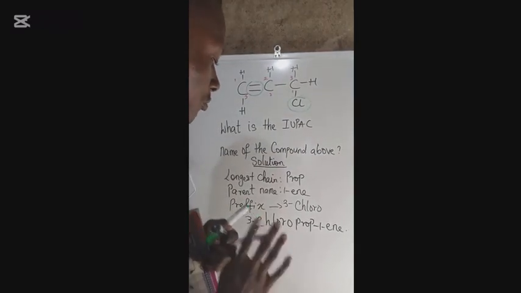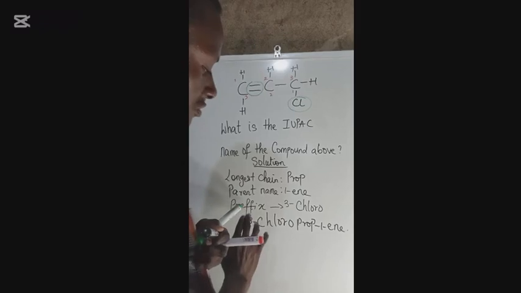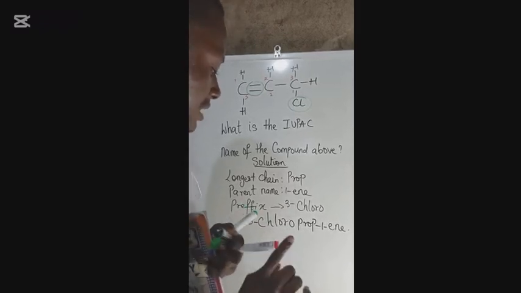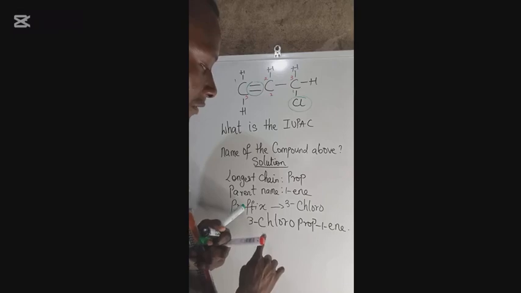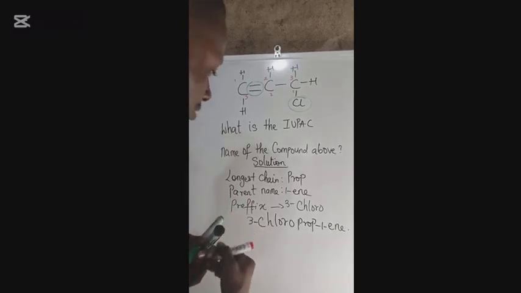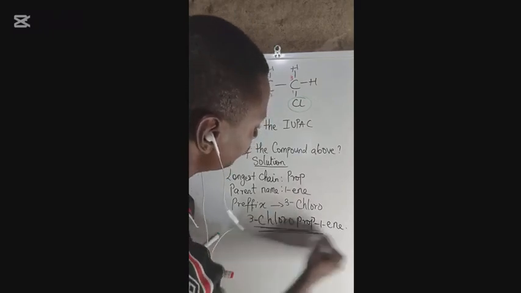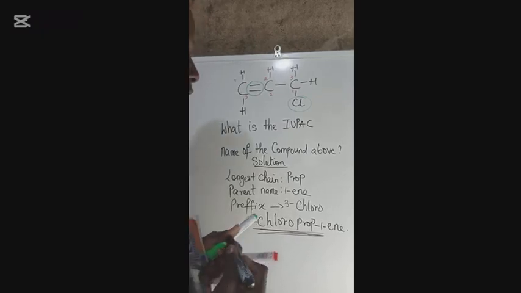But just so you know, please, you don't put a comma or just write it run together. There needs to be a dash between a figure and the alphabet. So the name of this compound is 3-chloro prop 1-ene.